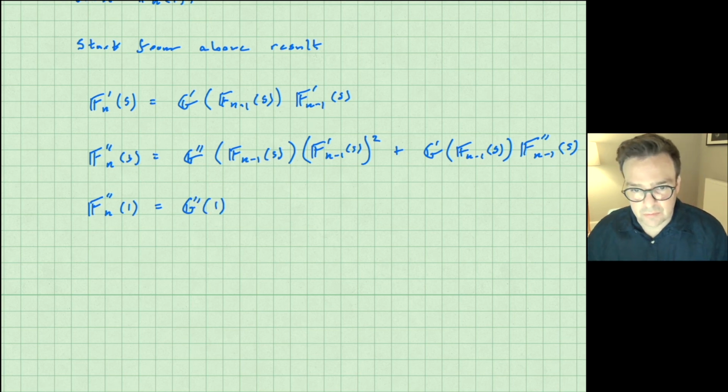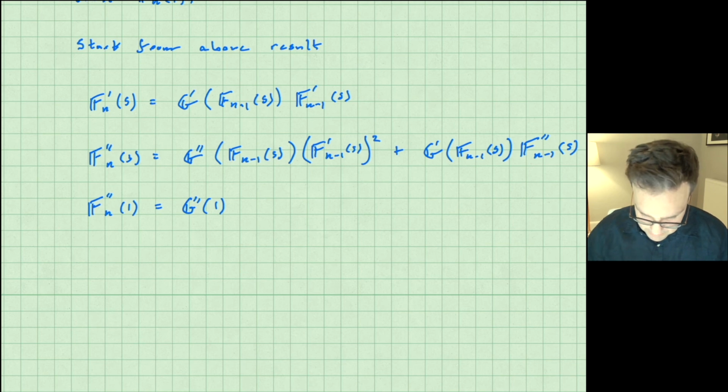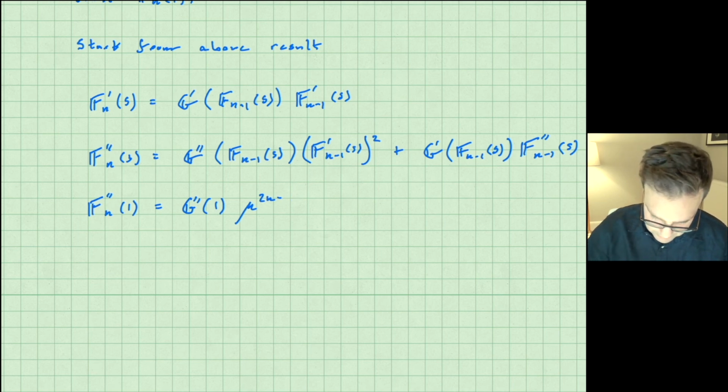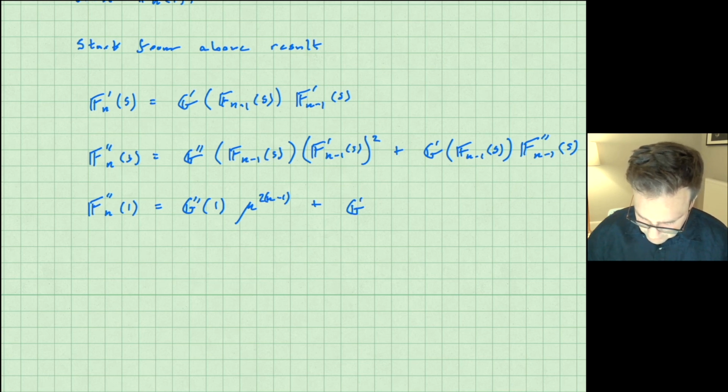Right, so g double prime of 1, multiplying the expected value, so we can just put that in, so that's mu sub n minus 1 squared, so that's 2n minus 2, or 2 times n minus 1, maybe I'll do it that way, plus g prime of 1, we already know what that is, right?